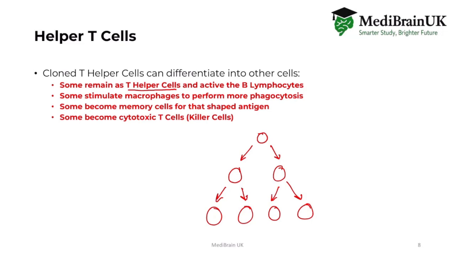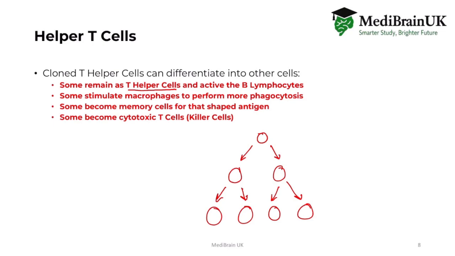You need to know about cytotoxic T cells in specific. So that's the cell-mediated response. Your helper T cells have been activated after binding to the antigen present on your antigen-presenting cell, and that stimulated the helper T cells to divide by mitosis and increase in number.